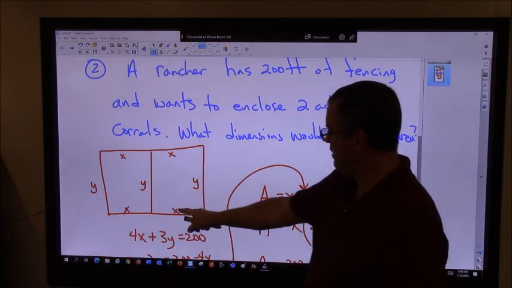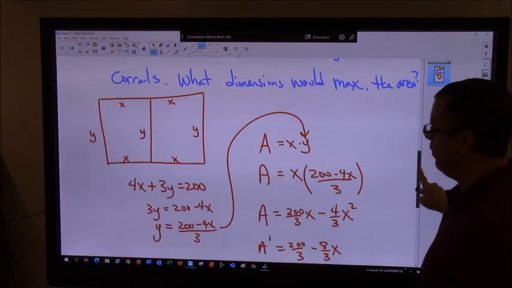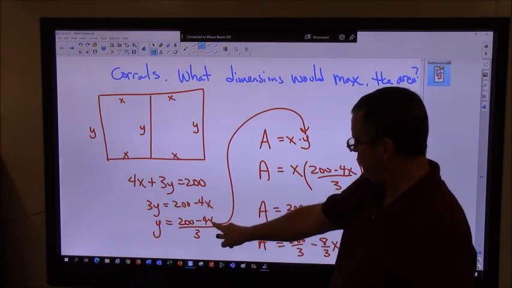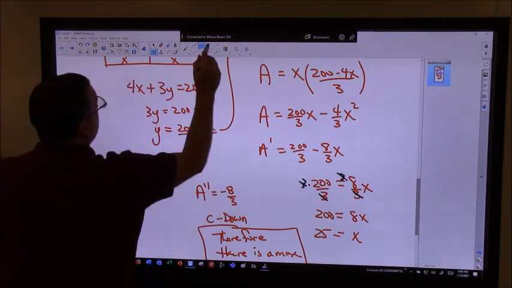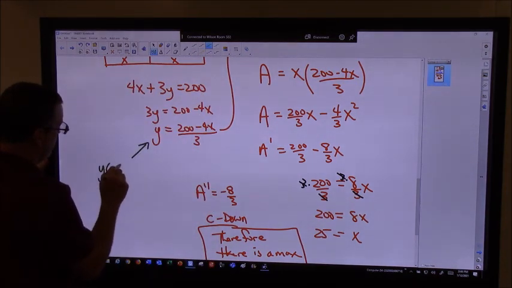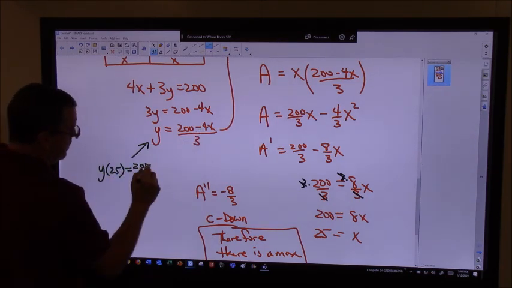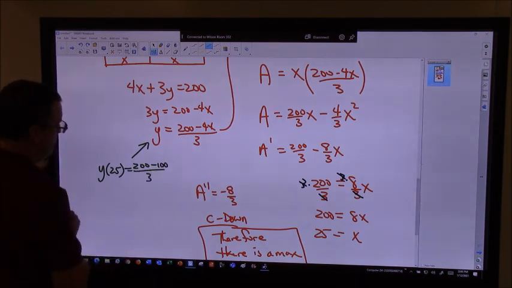All right, so I know x is 25. What's y going to equal? Well, let's go right here. If I plug in a 25, so y at 25 is going to equal 200 minus 4 times 25, that's 100, over 3.